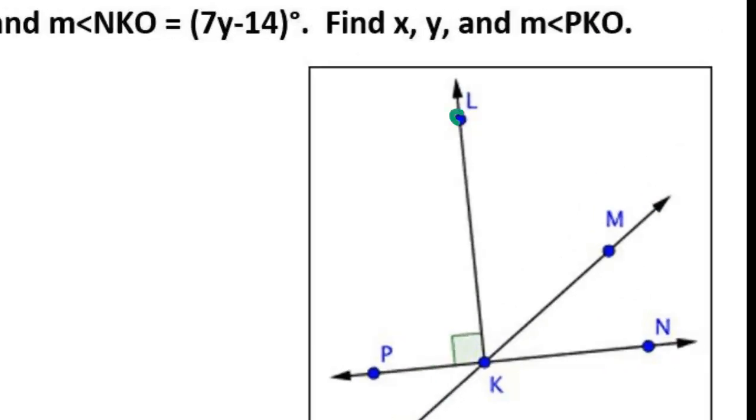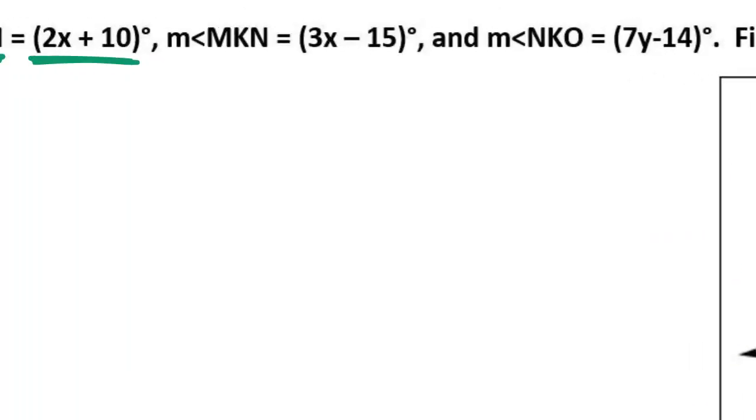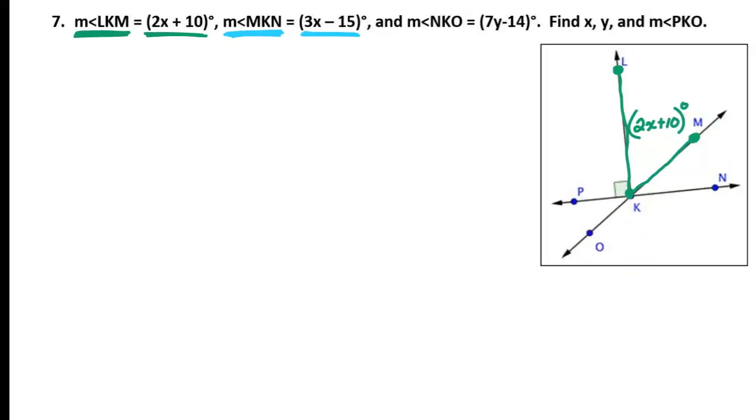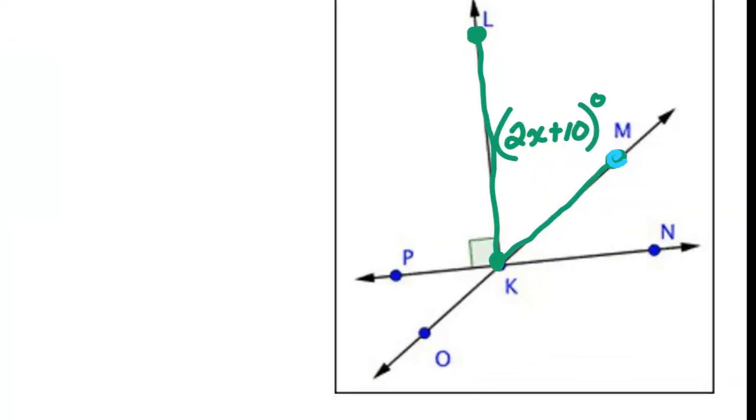Well, here's LKM. 2x plus 10 degrees. The measure of angle MKN is 3x minus 15 degrees. MKN, 3x minus 15 degrees.